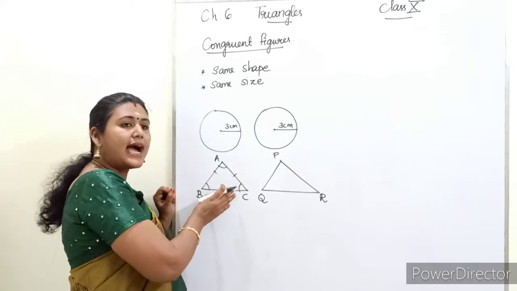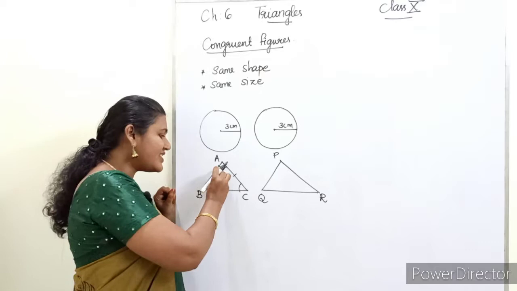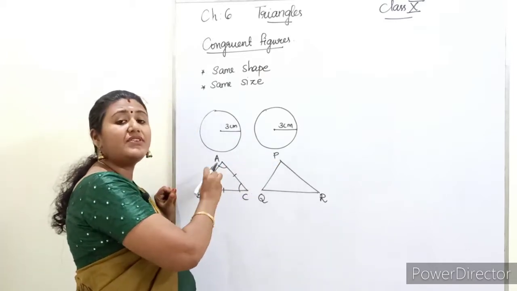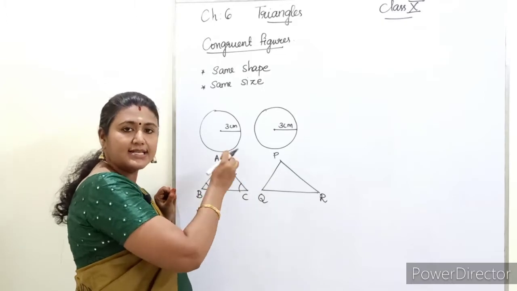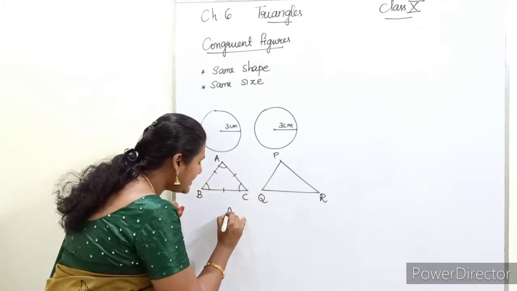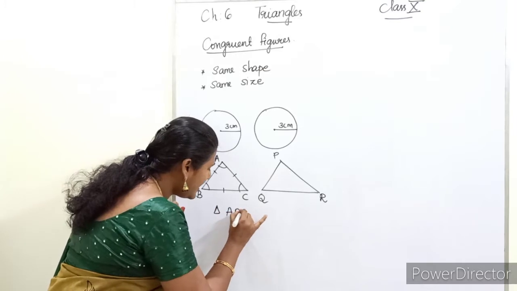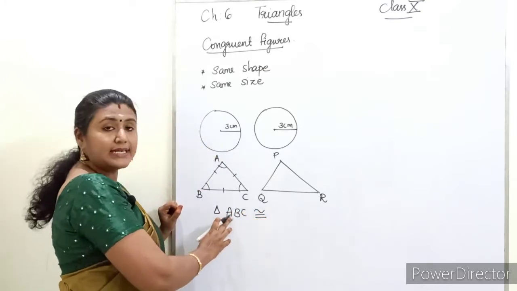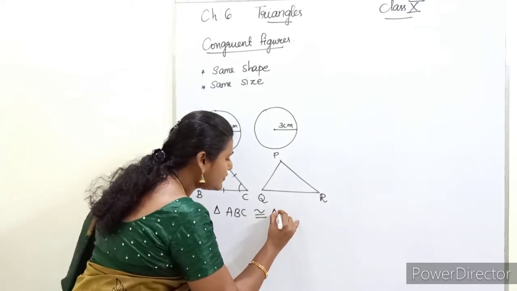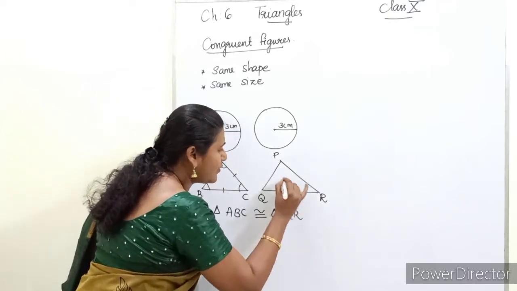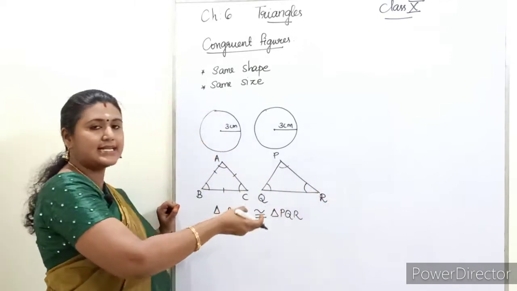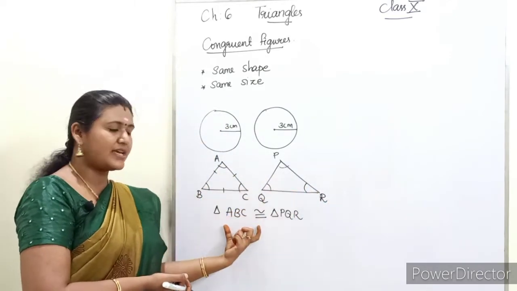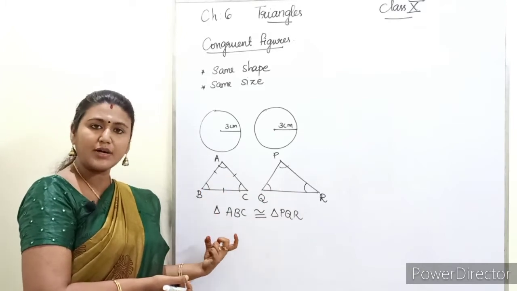So if these 3 angles and 3 sides of the first triangle and the second triangle are equal, then we can say that these two triangles are congruent, and we will use this symbol to denote the congruence. So we can write triangle ABC congruent to triangle PQR. So if these 3 angles and 3 sides are equal for these two triangles, then the two triangles are congruent.